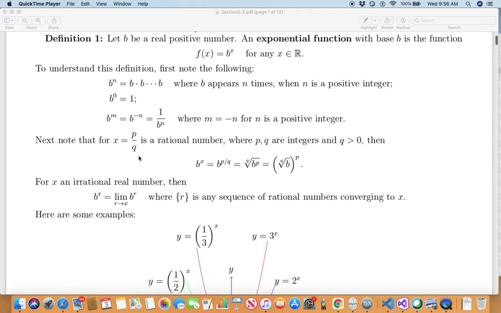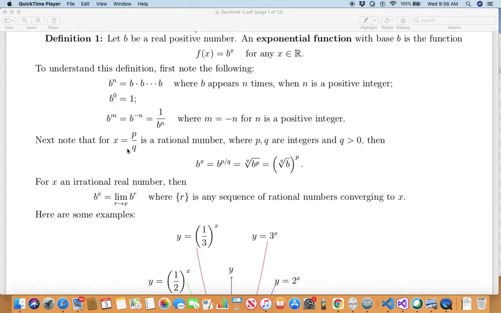Now what happens when the exponent is rational, p over q? For good measure, consider the case where this is in lowest terms, with no common factor, reduced fractions. It doesn't matter. Suppose you take a fraction, so that's a rational number, with p, q integers. Assume q is positive, that the denominator is positive.